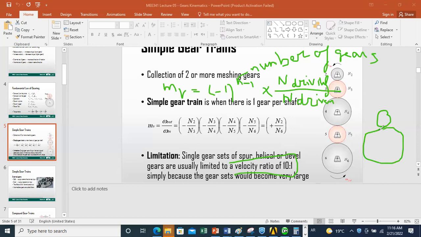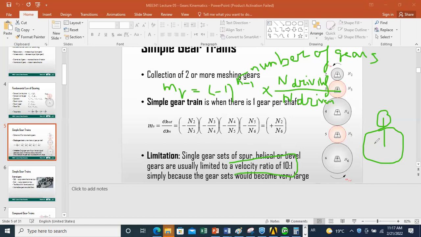So if you have a very large ratio, you need to have very different dimensions between your pinion and your gear. And this is not recommended. First, we have seen, for example, that this can cause interference. Okay, so if you have a large difference between pinion and gears, this can cause interference between the two.